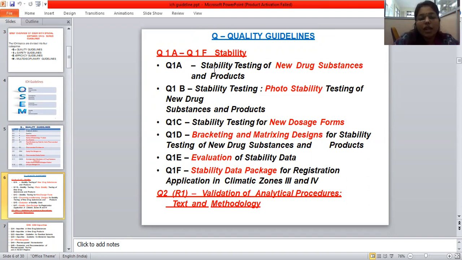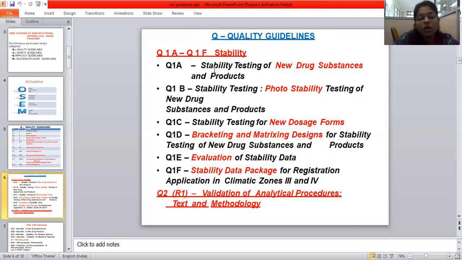For bracketing and matrixing design for stability testing of new substance and product, we can perform the bracketing method or matrixing design for checking the stability of that particular product. So we can refer to the Q1D guideline. Q1E is evaluation of stability data.